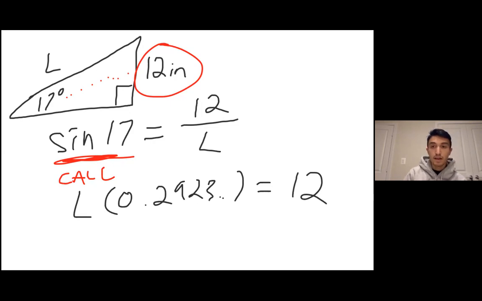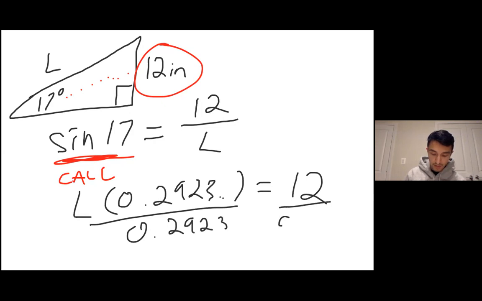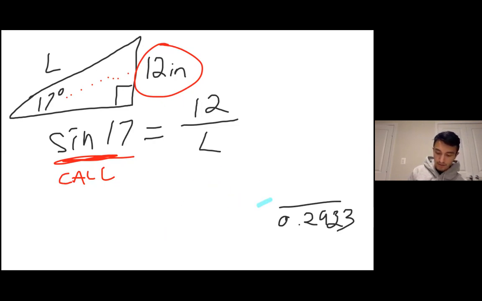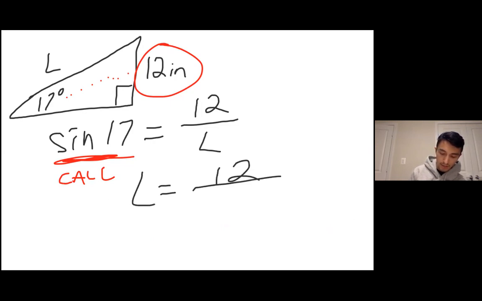And to get L by itself, you just divide by the sine of 17, right? So let's redo this. I'm going to rewrite it as the sine of 17, because hopefully you're comfortable with putting that in your calculator. So now L equals 12 divided by the sine of 17.